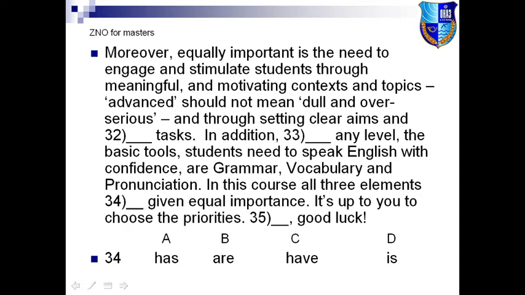So if we put has given, it will be incorrect. It will be absolutely wrong because we have three elements. Elements is plural. Has is used with singular. If there is one element, maybe it sounds better.